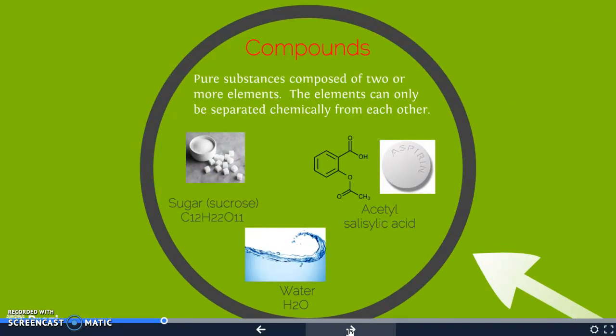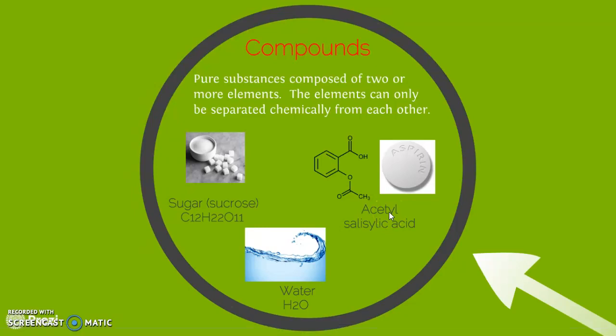Compounds are the pure substances that can actually be separated chemically. That means we have to do a chemical reaction to get the hydrogen and the oxygen separate from water, or the carbon, the hydrogen, and the oxygen separate from sucrose or from aspirin. So there's the difference. Pure substances can be elements, one kind of atom, or compounds, 2 or more kinds of atoms.